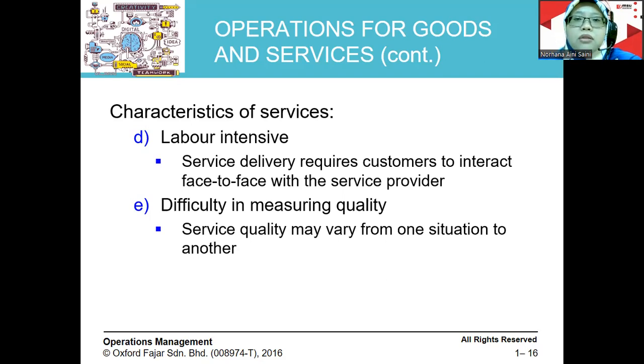So it's very hard to measure the quality of the services. For example, I'm giving you a lecture. Some of you might understand very fast, some of you might be delayed. So that is for the services. That's why there is difficulty in measuring quality. We cannot set a standard. All right, so that is for the characteristics of services.